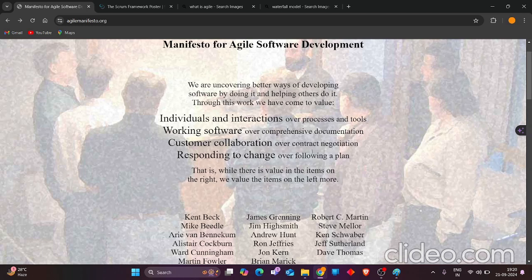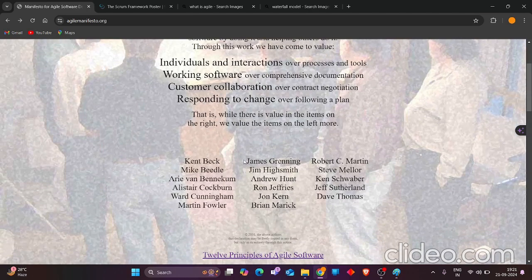Responding to change over following a plan. If a client asks for a change or wants to update a feature, then we should not tell him we can't do it. We should do it, because in Agile we respond to change, we accept the changes.